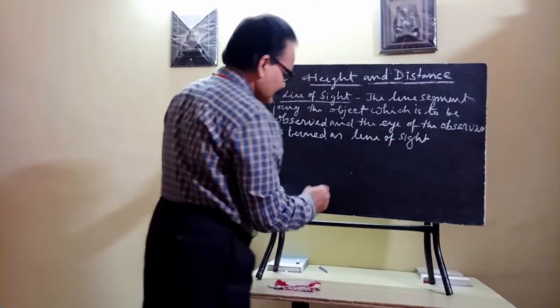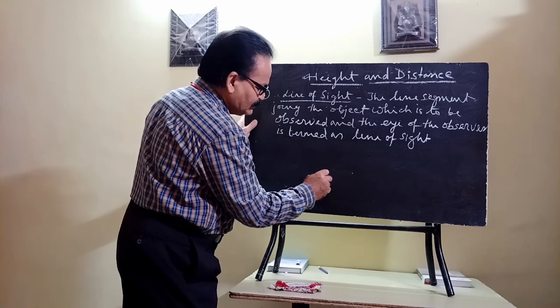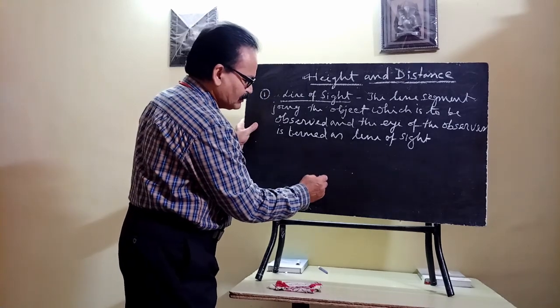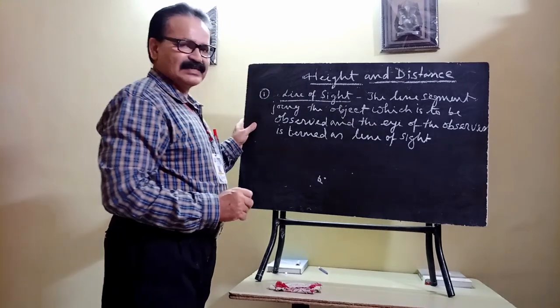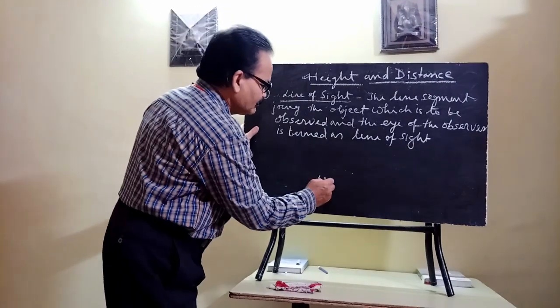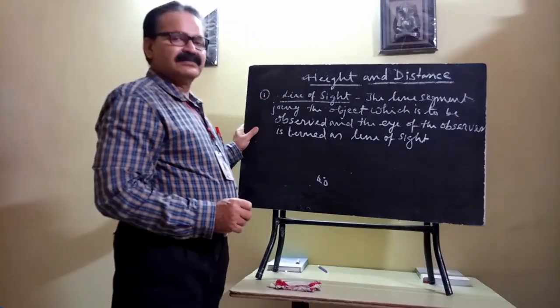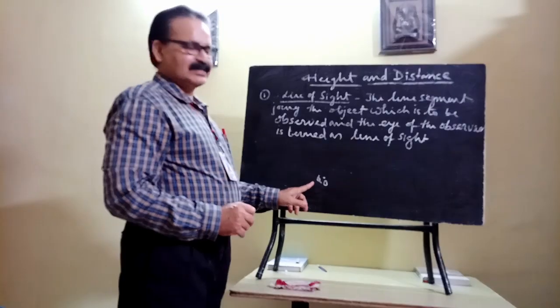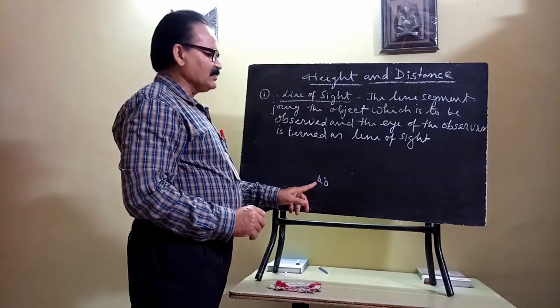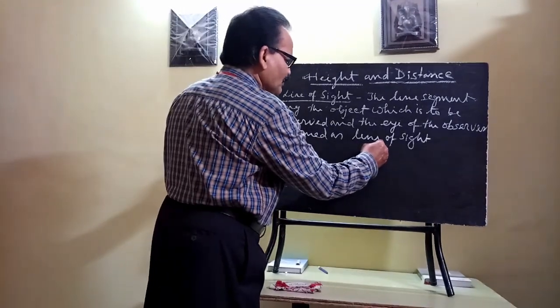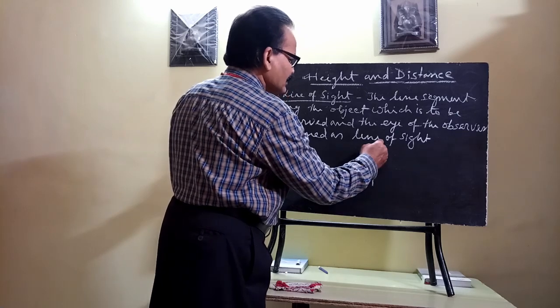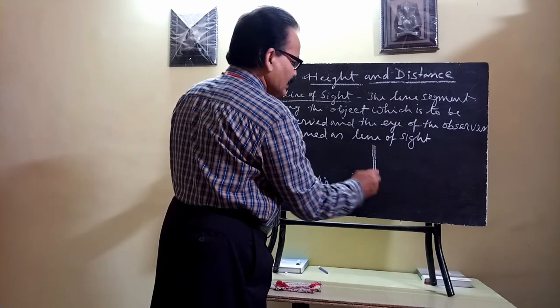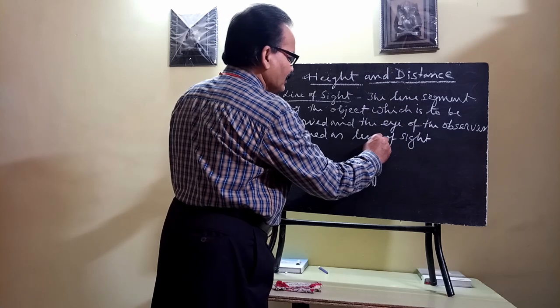Suppose O is the position of the eye of the observer. The observer wants to see the top of a building. Suppose this is the building and this is the top of your building.